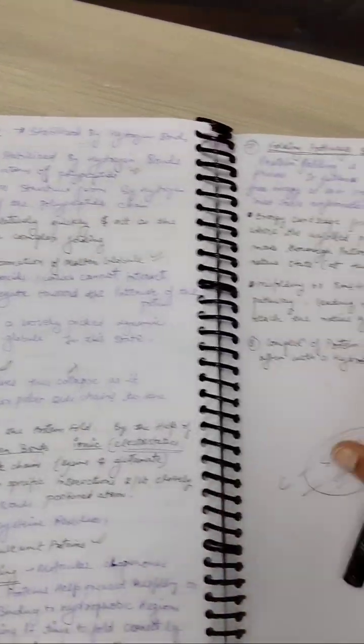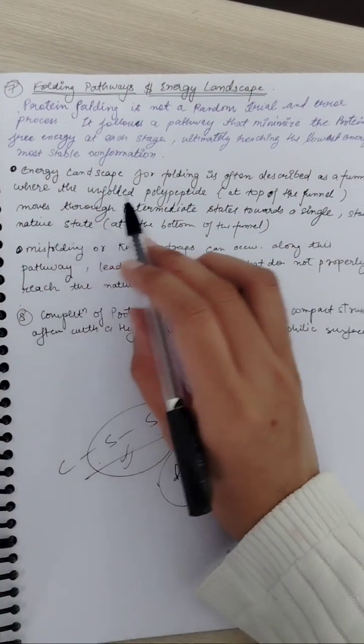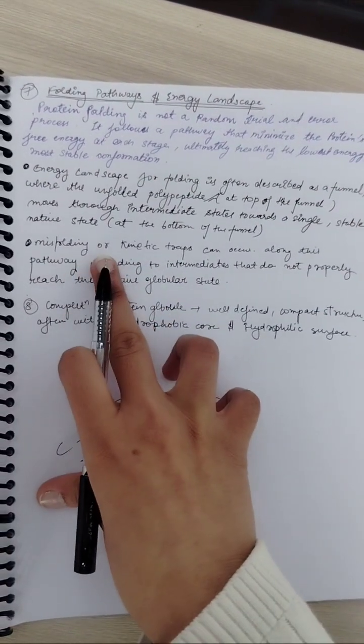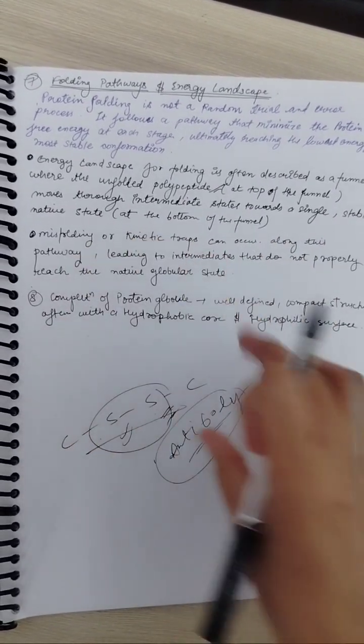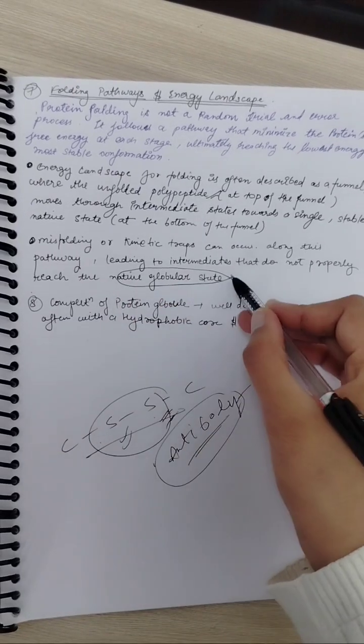The energy landscape for protein folding is often described with the unfolded polypeptide, and misfolding or kinetic traps can occur along this pathway, leading to the native globular state of the protein.